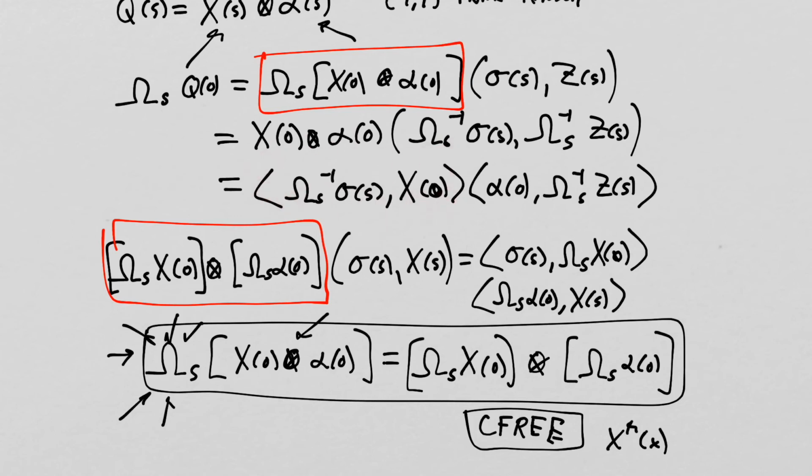So this dual space mapping is equal to that dual space mapping, this one is equal to that one, therefore this expression is equal to this expression, which allows us to write this down and say that parallel transport commutes with the tensor product operator.